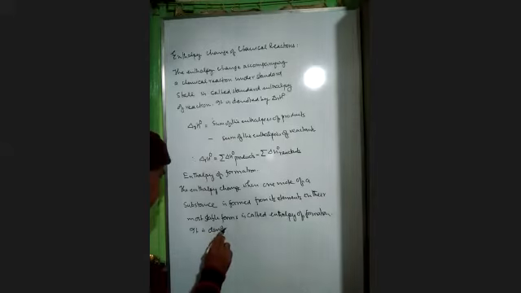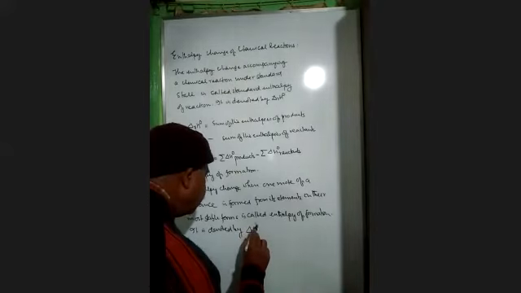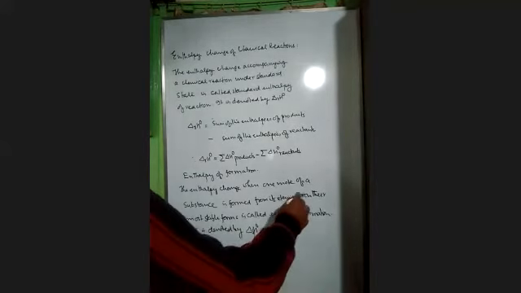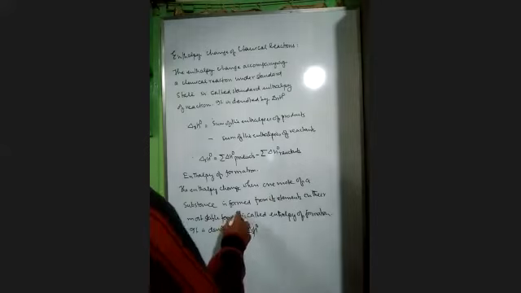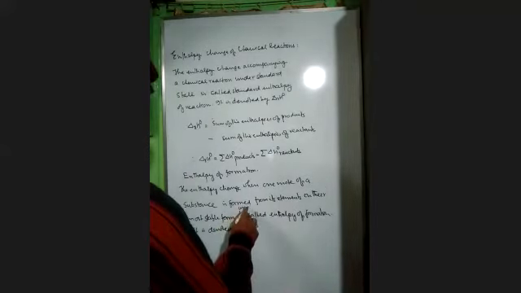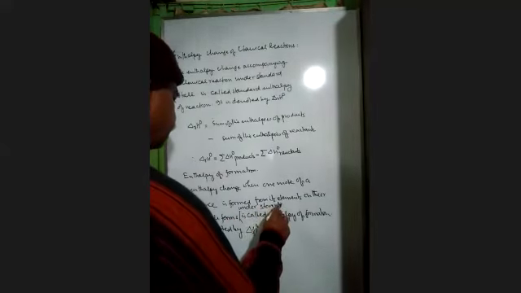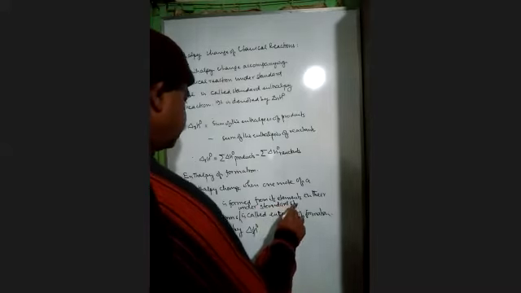It is denoted by delta f H naught. Formed from its elements in their stable forms, please write here, under standard state.